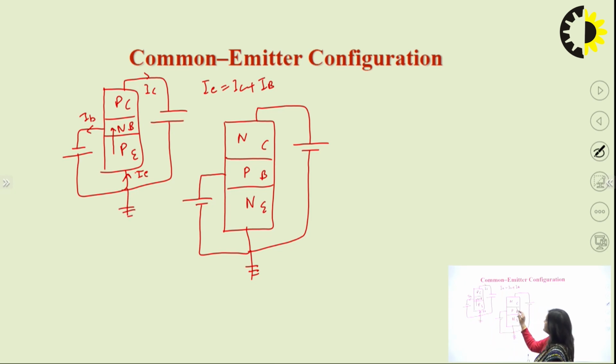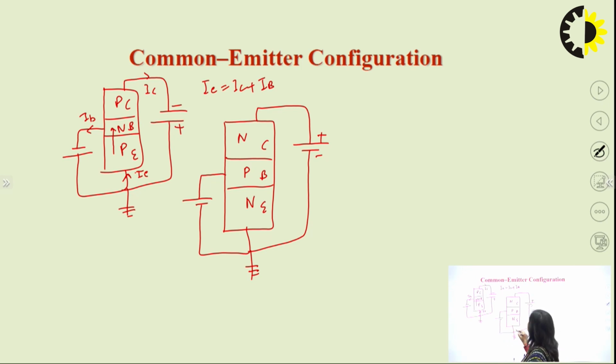We can see this collector is N type and this emitter is also N type, so we always keep the collector at reverse bias. We connect this positive point with the collector side. Here also, the collector is P type and the emitter is P type, so we have to make the collector reverse biased. So we will put this at a negative potential and this at a positive potential.